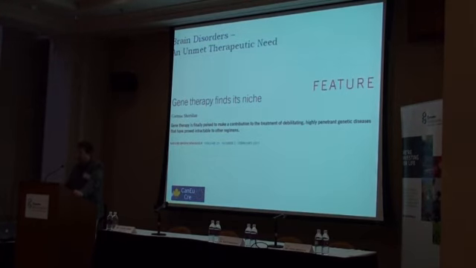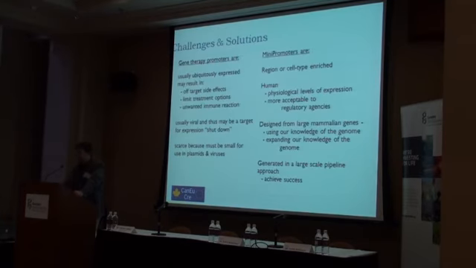Now, gene therapies have a bit of a history over time, but right now we're re-entering a new golden age for gene therapy. There's a lot of trials going on around the world showing that gene therapy can be successful, particularly right now in eye disorders, but others as well. But when we go in and we look at what's happening in those systems, the gene therapy promoters that are being used are by and large ubiquitous in their expression pattern.